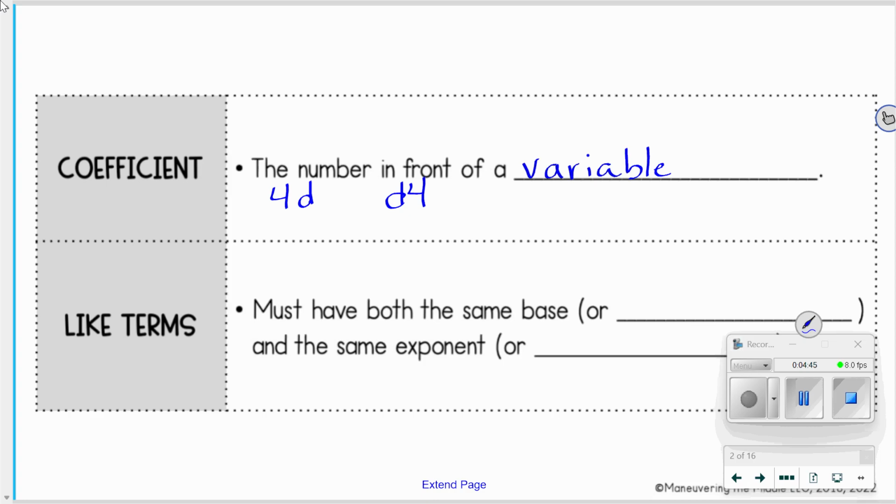Because it's multiplication. However you multiply, it still stays the same. Because 4 times 5 equals 20, and 5 times 4 equals 20. So good, we have the commutative property of multiplication, right?